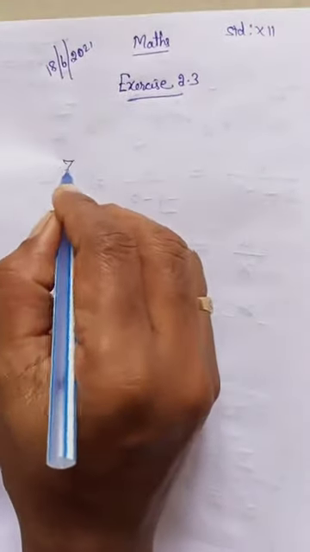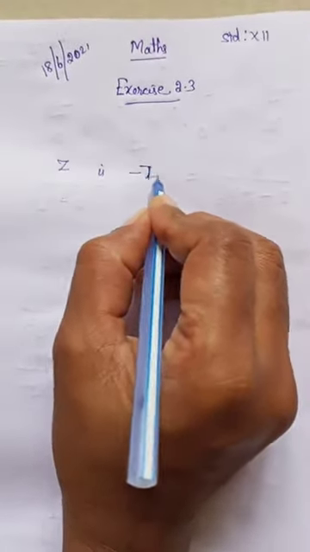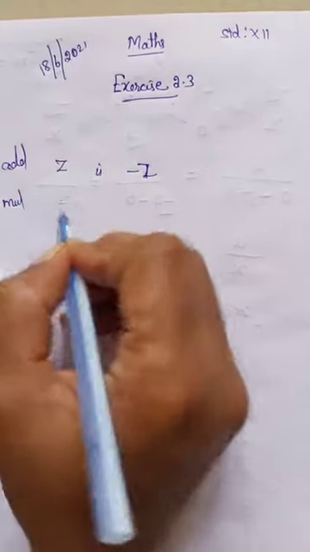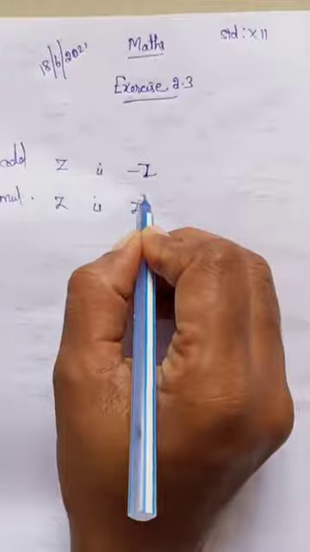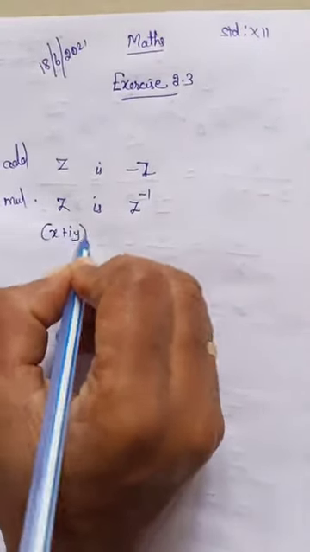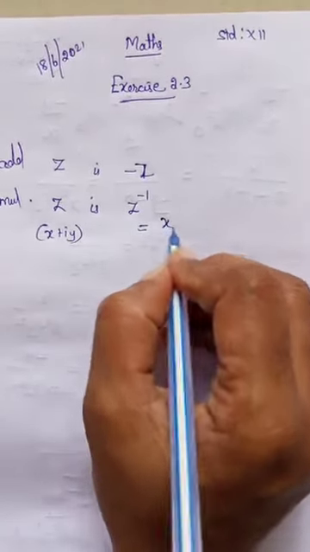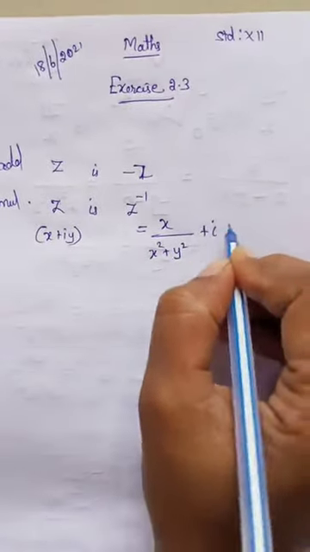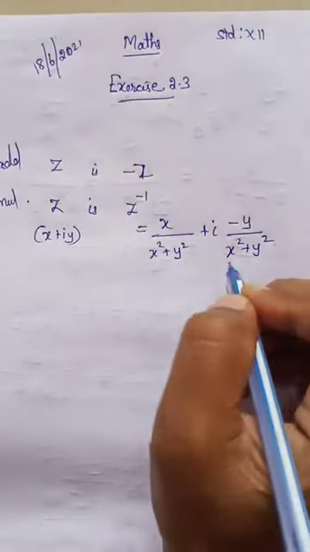The additive inverse of Z is minus Z. In the same way, the multiplicative inverse of Z is Z inverse. If it is for x plus iy, Z inverse, we have learned, is x by x square plus y square plus i into minus y by x square plus y square.